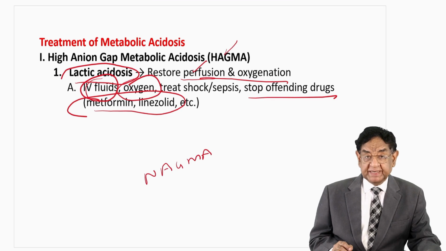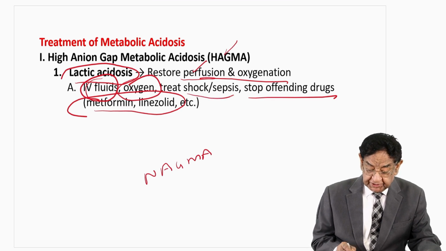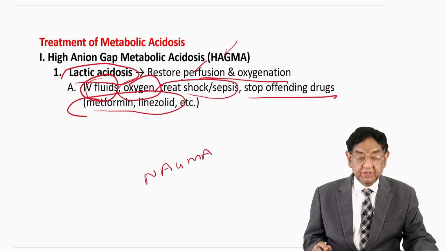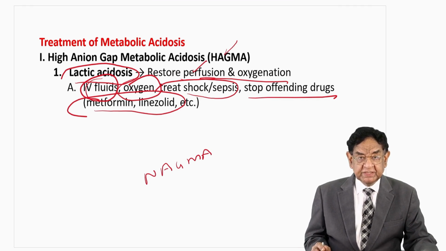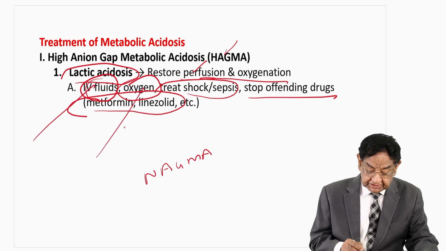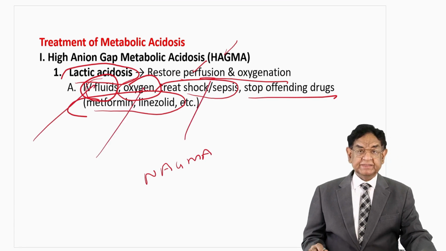And because lactic acidosis is often associated with shock or sepsis, you treat shock and sepsis also. So definitely treat the underlying cause, whatever it is. In a nutshell: IV fluid, oxygen, and treat shock and sepsis.